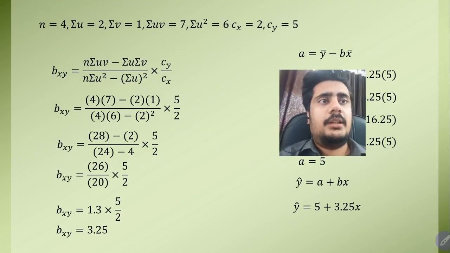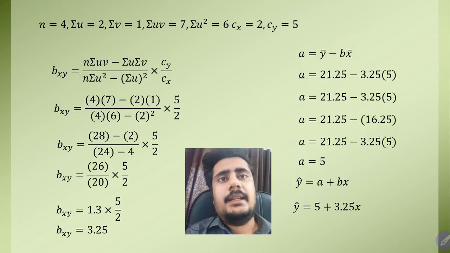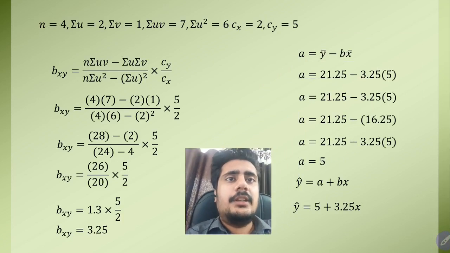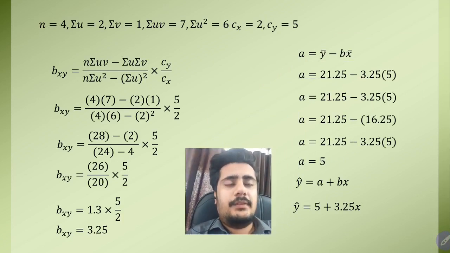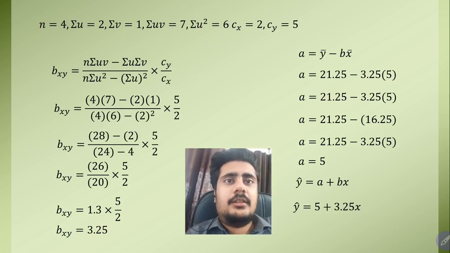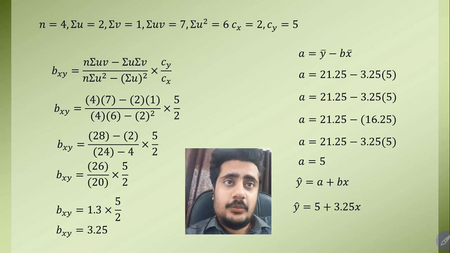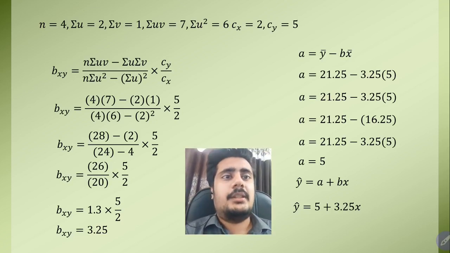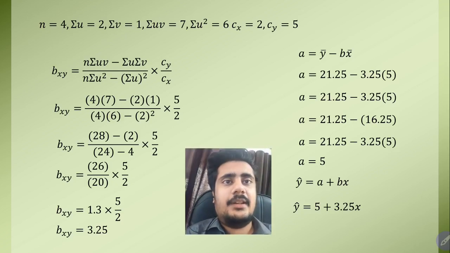So how we will solve this sum? N is 4, sigma u is 2, sigma v is 1, sigma uv is 7, sigma u square is 6, Cx is 2 and Cy is 5. Now for bxy, your formula has a bit of change, you have to multiply by Cy upon Cx.